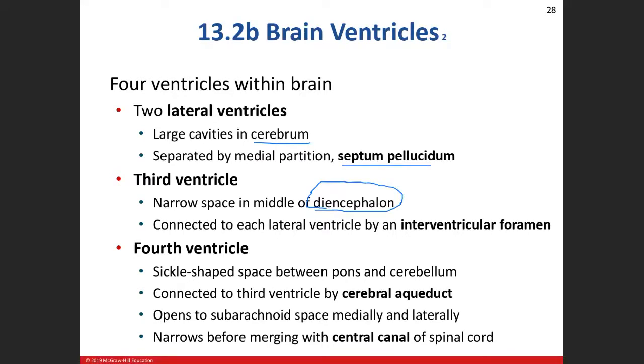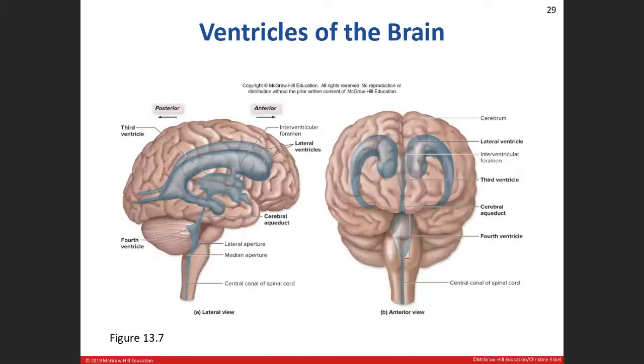You could basically say that the hypothalamus kind of surrounds it, okay? So this third ventricle sits in the diencephalon, right? And the lateral ventricles drain into it, all right, and the structure that drains the lateral ventricles into the third ventricle is known as the interventricular foramen. Okay, this little guy right there.